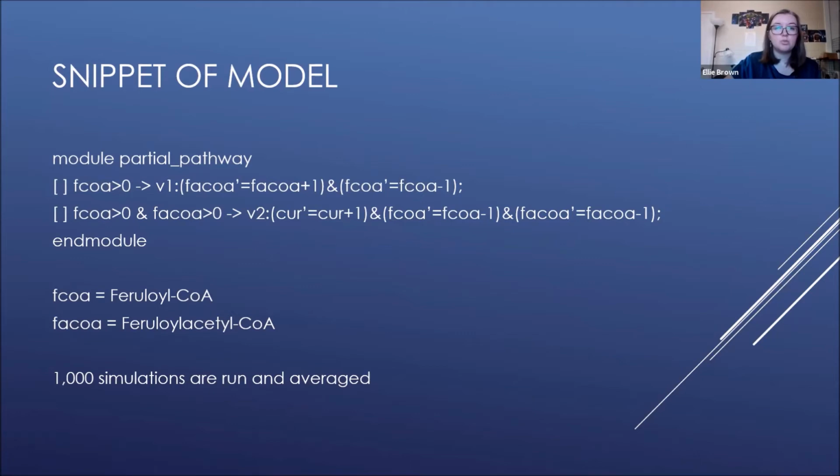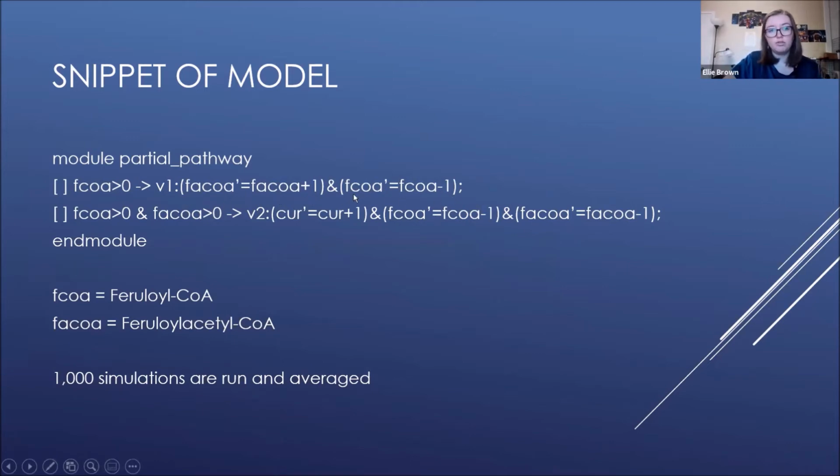Then the program chooses one reaction to happen based on its probability. So let's say this first reaction happens, then this FACOA prime is just the updated concentration of ferulyl-acetyl-CoA, and it adds on one molecule because that's the product of this reaction.